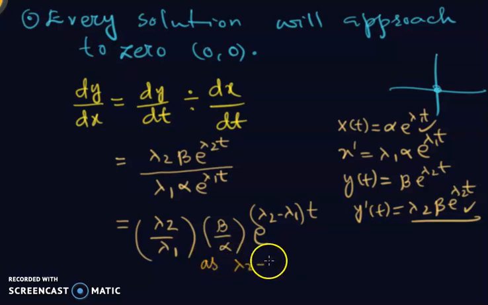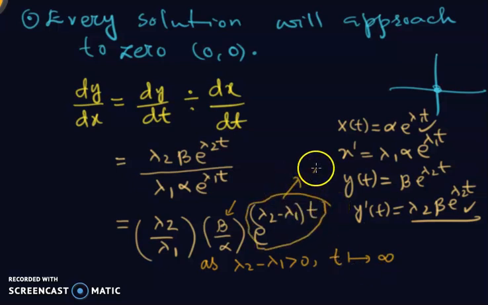lambda 2 minus lambda 1 is greater than 0 from our assumption. So for suitable values of beta and alpha, beta should not be 0. If beta is 0, then this will go away. But for non-zero beta, as t goes to infinity, this quantity will also go towards infinity. Why?